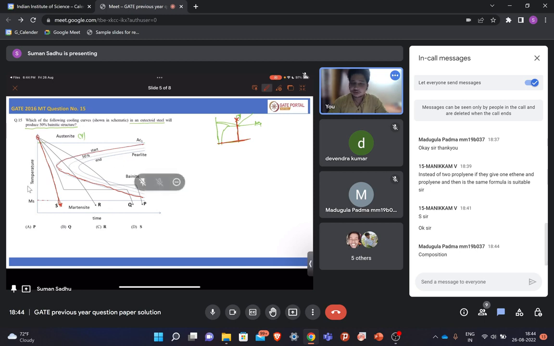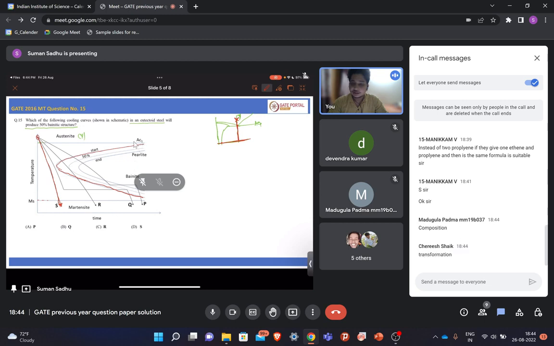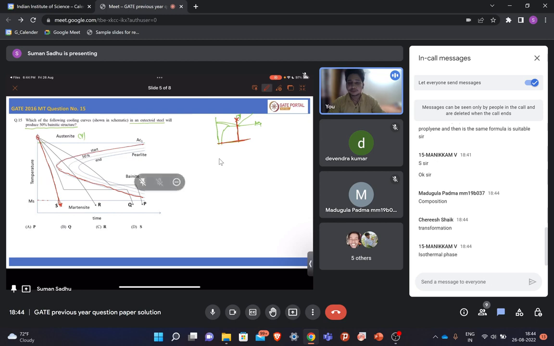You can see the y-axis is temperature, the x-axis is time, and these are the C curves. It shows the percentage of the transformation, how much of the transformation has occurred. How do you get this C curve, and why is the shape C and not some other shape?